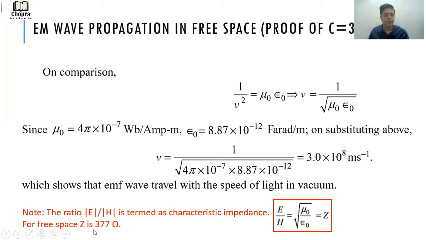For free space, because we know the values of mu naught and epsilon naught, E by H is termed as the characteristic impedance, that is equal to Z, and that is given by root of mu naught by epsilon naught. So these values are known. This turns out for free space that the characteristic impedance of free space is 377 ohms. So this was all about EM wave propagation in free space. Thank you.